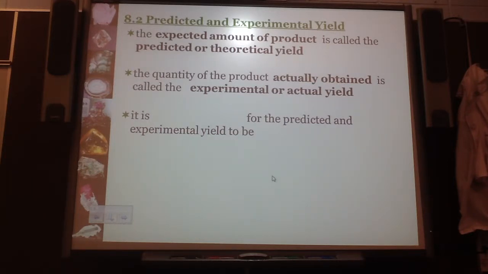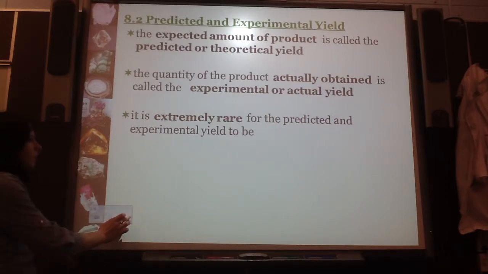It's the actual value when you put it on the weigh scale, that's the number you got. Okay. It is extremely rare for the predicted and the experimental to be the same.